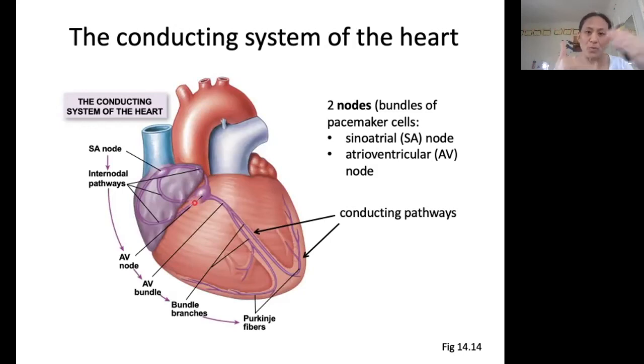it's like at the base of the right atrium. It's kind of between the right atrium and the right ventricle, okay? We have additional bundles of pacemaker cells connecting the SA node to the AV node. We call them conducting pathways, these bundles of pacemaker cells.